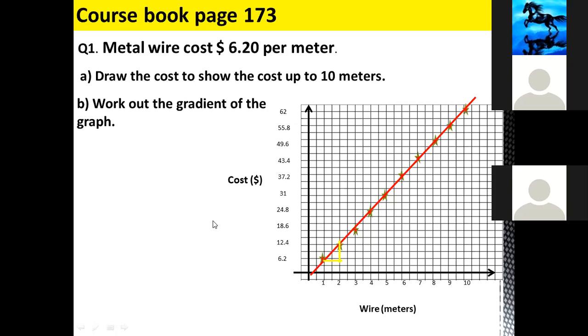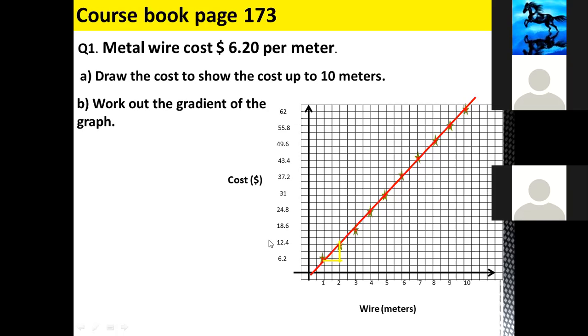Rama, focus with me a little. Let's find the gradient from the drawing. How many units up over how many units across? 2 divided by 2 equals 1. We don't count the squares, we look at the jumps on the scale.